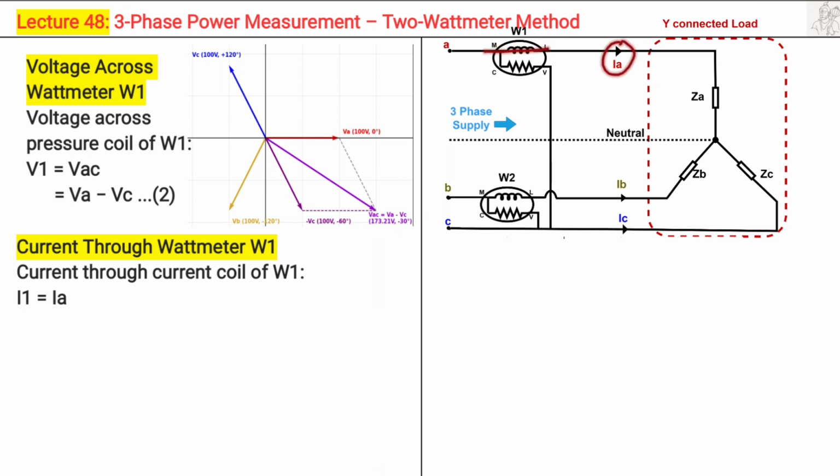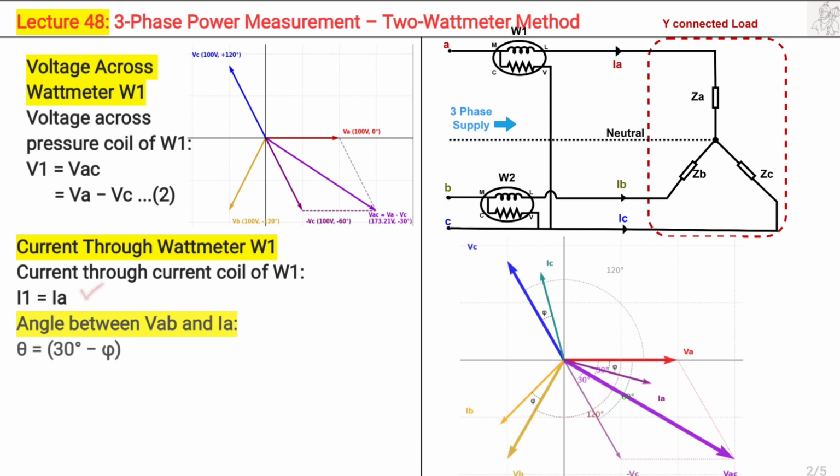This is the VAC phasor, and the current through the wattmeter is simply the current flowing through this current coil, which is IA. From this phasor diagram we can see that if we assume each phase current is lagging the phase voltage by angle phi, like this, IB is lagging VB by phi and IC is lagging VC by phi, then this angle is 120 degree, and bisecting it gives 60 degree.